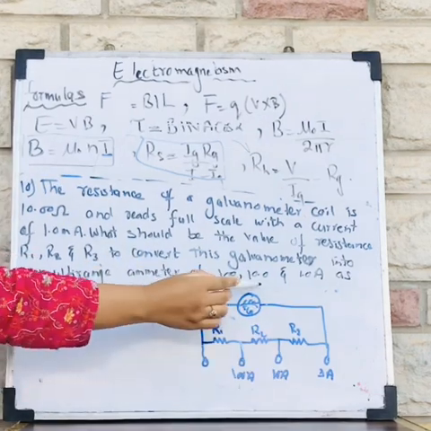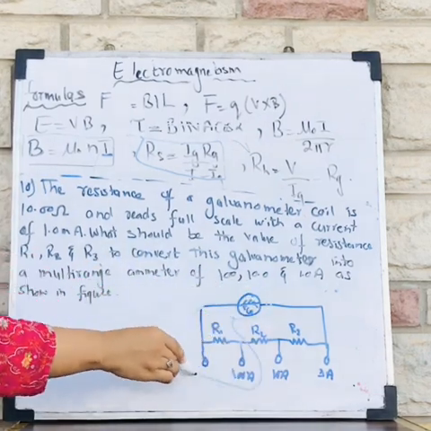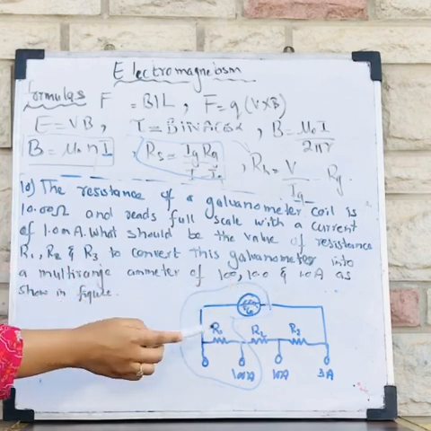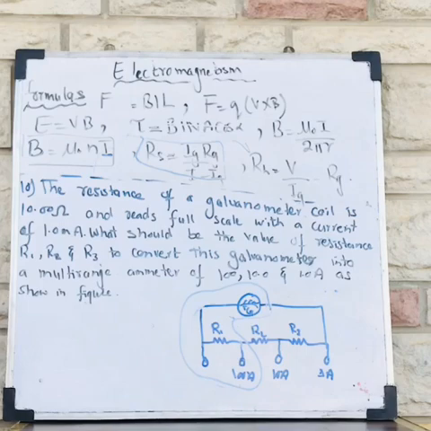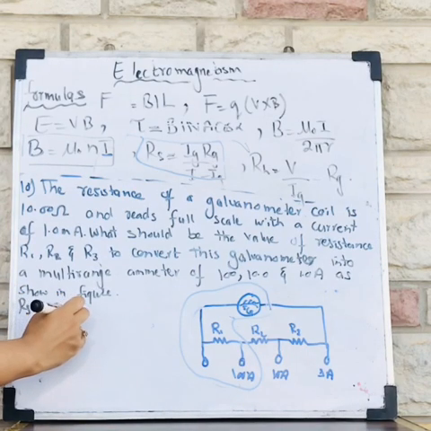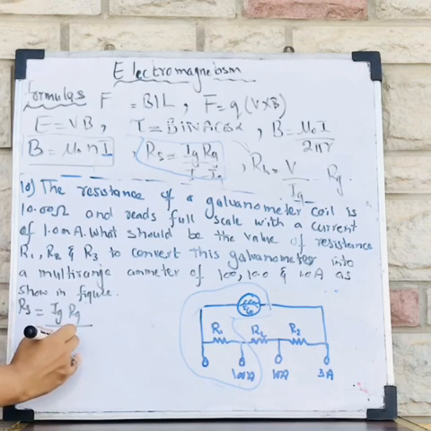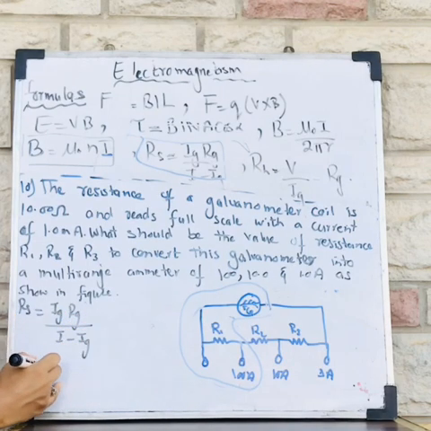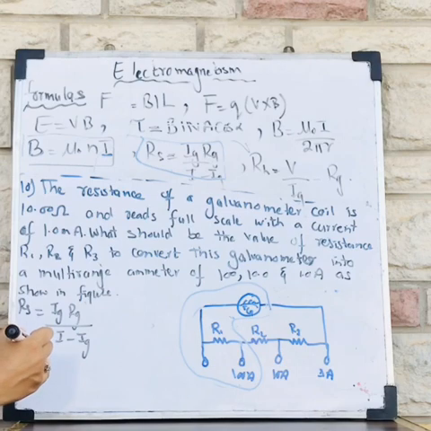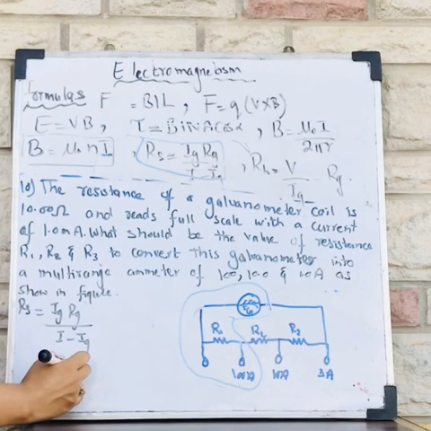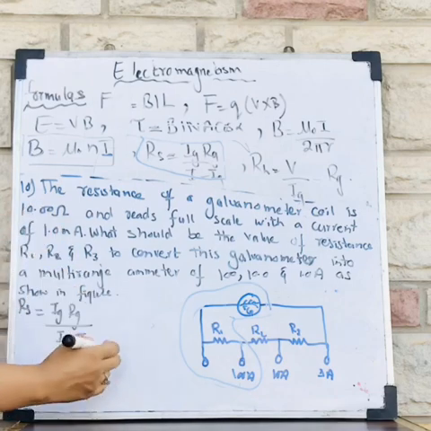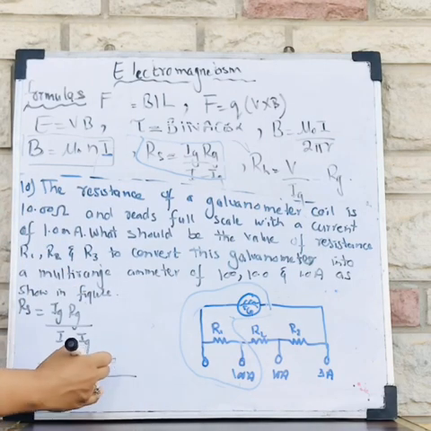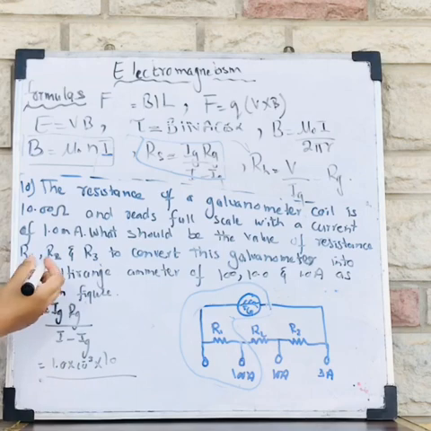First of all, consider this portion and calculate the shunt resistance, I mean R1. The formula is Rs equals Ig Rg divided by I minus Ig. Ig is 1.0 into 10 to the power minus 3, multiplied with Rg, which is 10, divided by I, which is 100.